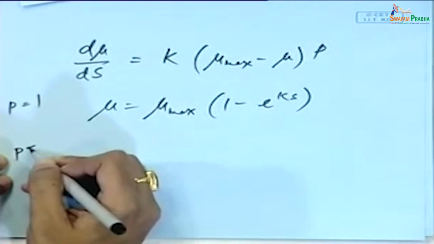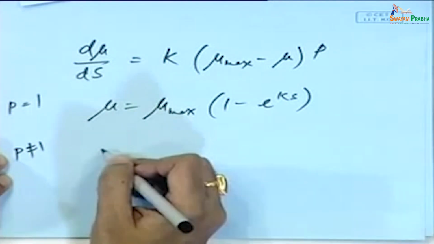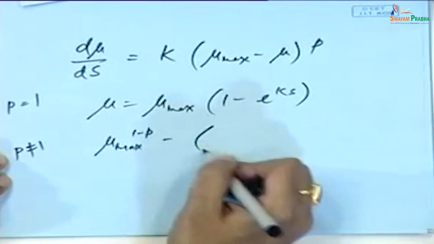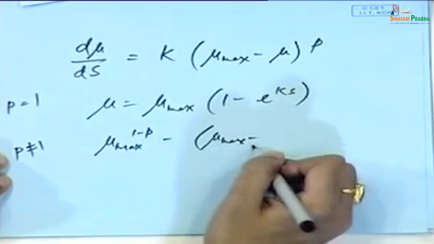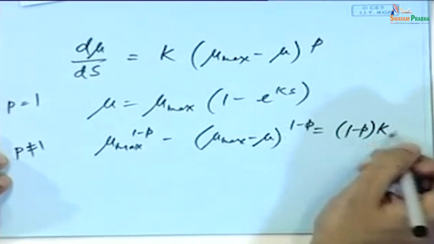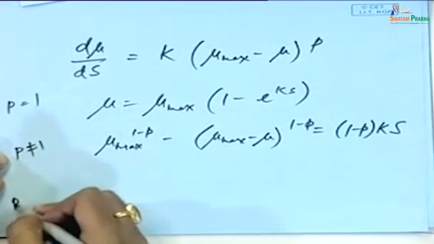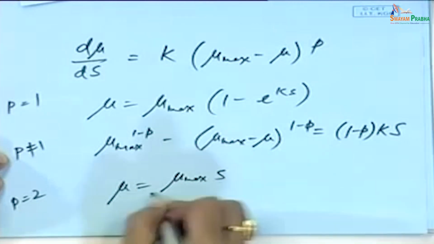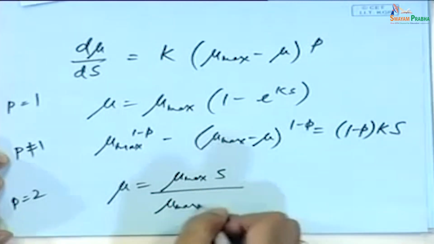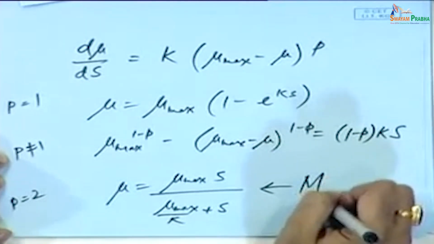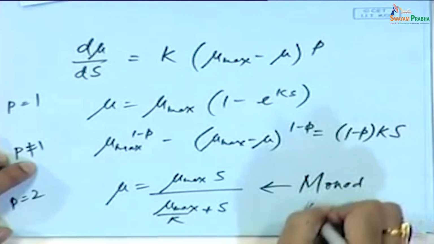For p not equal to 1, you get the general formula, and for p equals 2, you get mu equals mu max s over k plus s. This is the Monod model, okay.